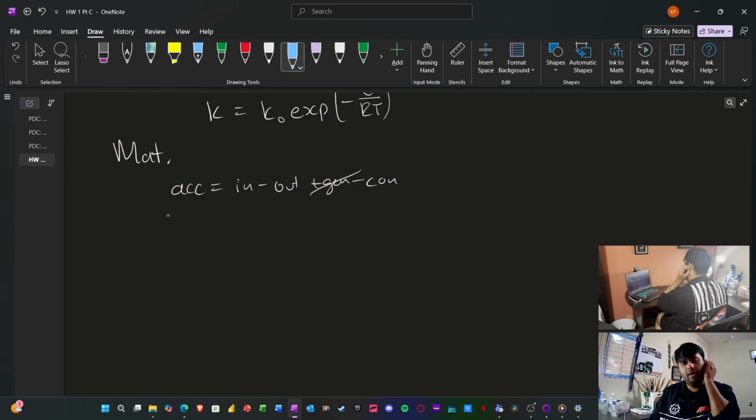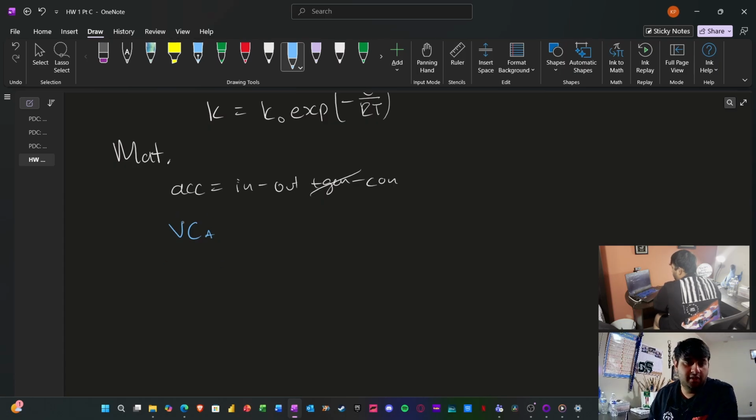We have a volume, and then we have our concentration. And this just gives us how many moles, since our meters cubed cancels out: this is moles per meter cubed, and this is meters cubed. So this shows moles. And since we're looking at a time-dependent rate, it's moles per time that's changing.